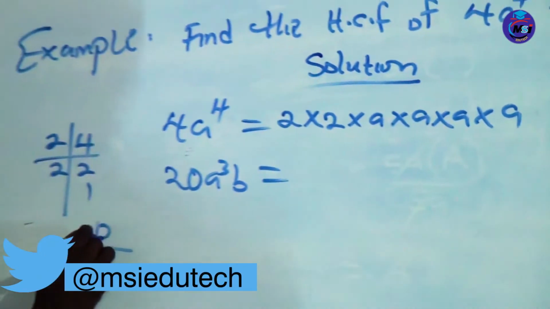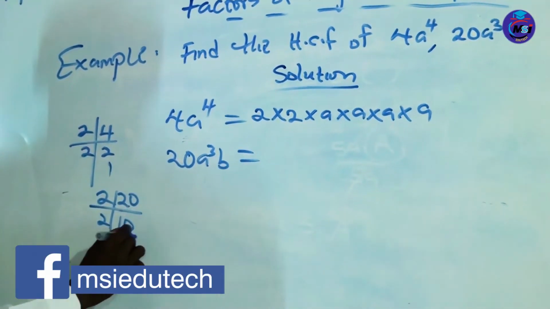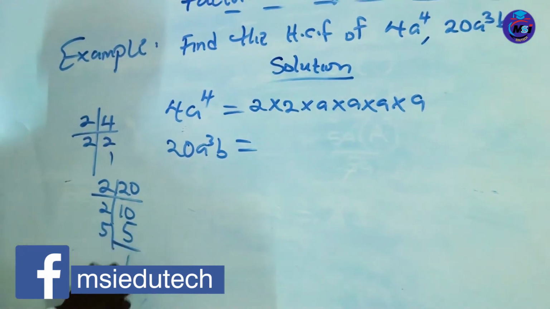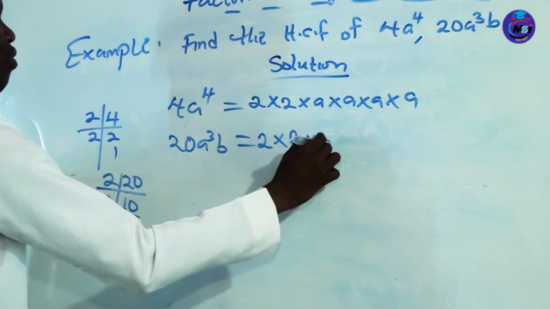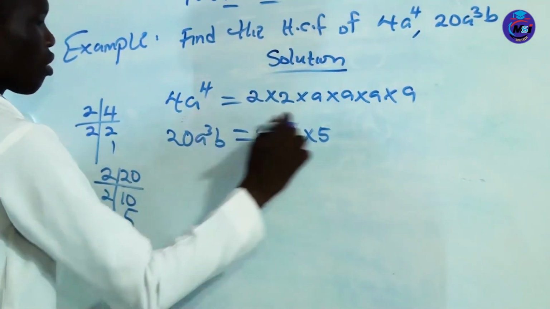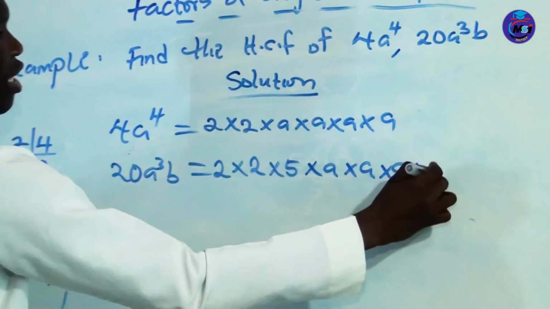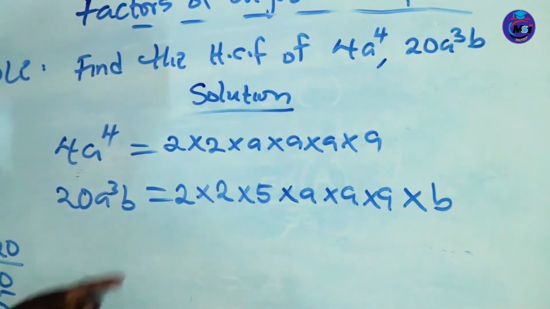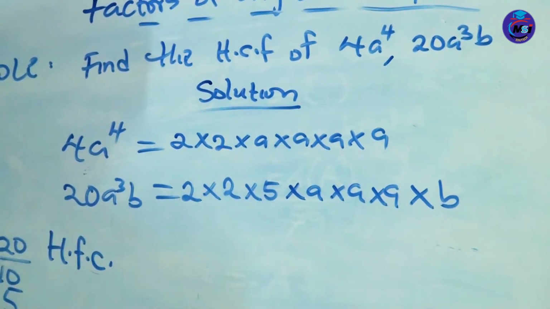You look for 20. 2 in 20, 10. 2 in 10, 5. 5 in 5, 1. So this will give you 2 times 2 times 5, and a in 3 places, a times a times a, then times b. Okay, now we want to find the HCF of this algebraic expression.